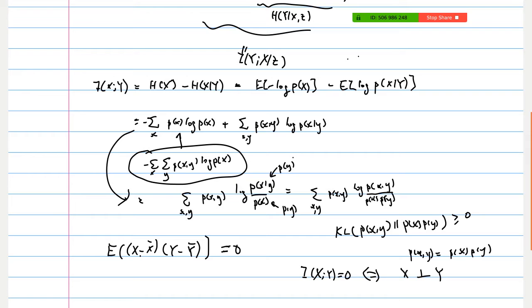Then we say it's uncorrelated. But actually, this does not imply that I(X;Y) equals 0.